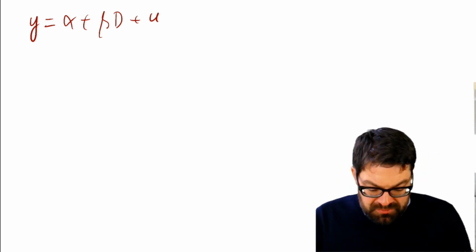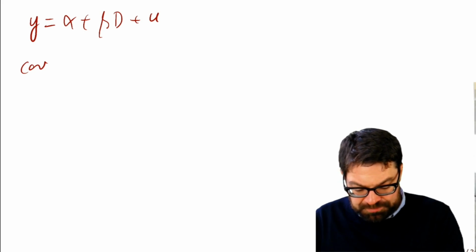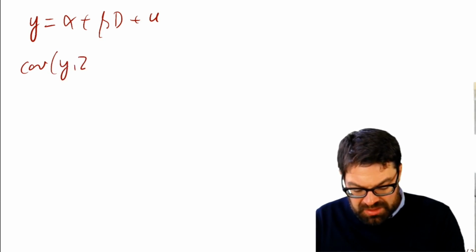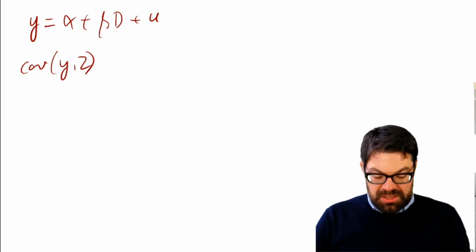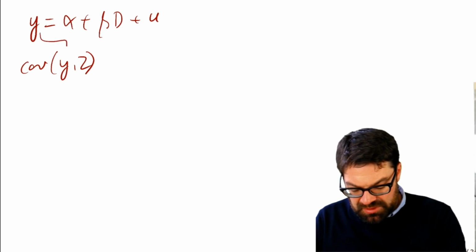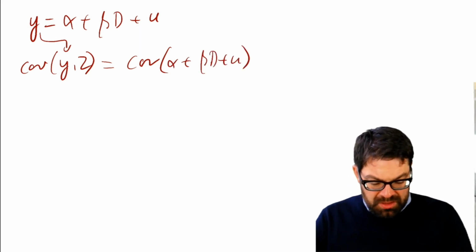Then what we want to look at is this covariance that forms part of the reduced form, which is simply the covariance between the outcome and the instrument. Now what we can do is we can substitute in this equation here, which we do as follows: alpha plus beta d plus u.